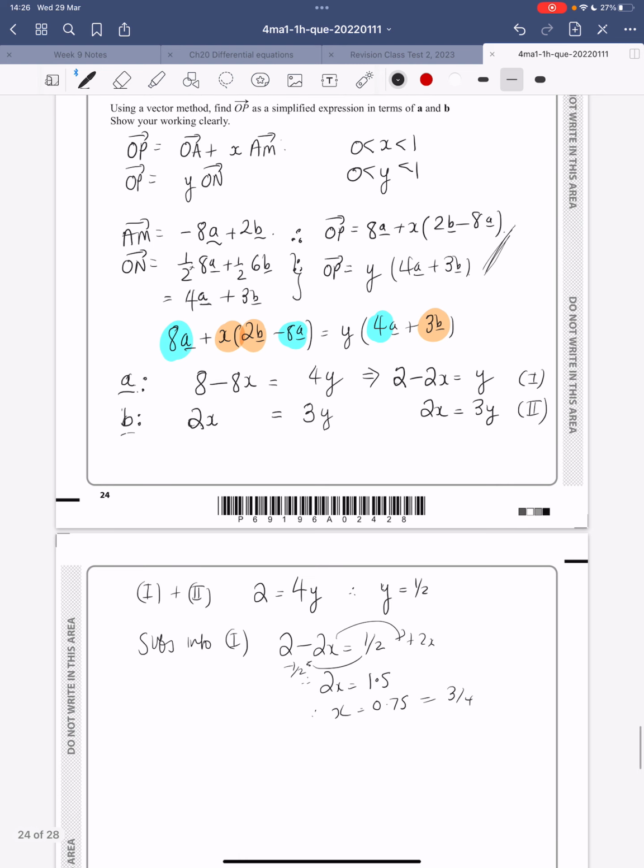So either of these will work. We can substitute for x in there, or we can substitute for y in there.